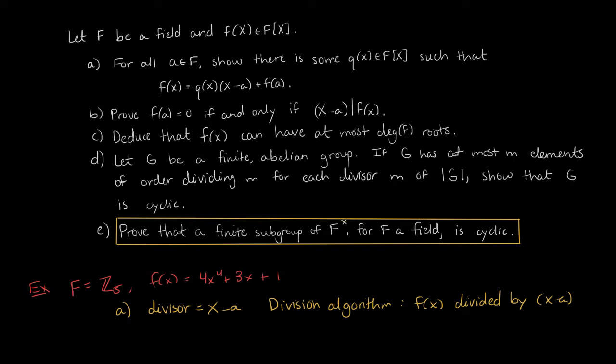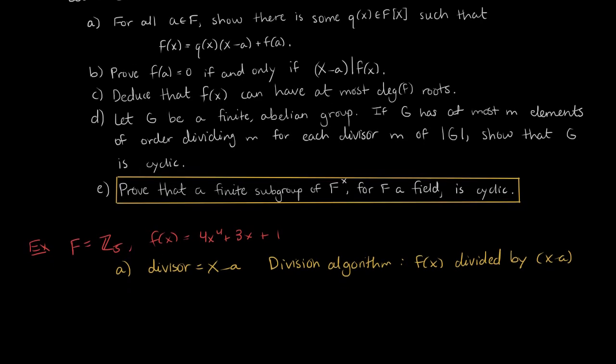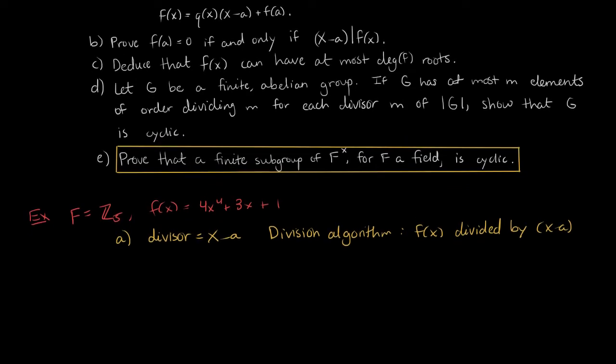When we do this, what the division algorithm guarantees for us is that we can write f(x) as some new polynomial, q(x), where q(x) as desired is in this F[x], this ring of polynomials with coefficients in F, q(x) times the divisor, which is x minus a, plus some remainder function, r(x).